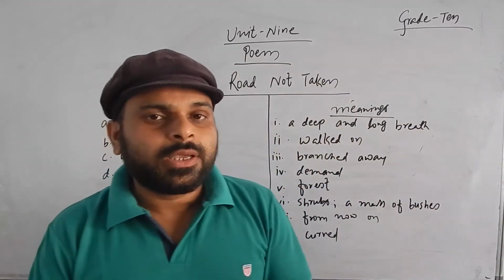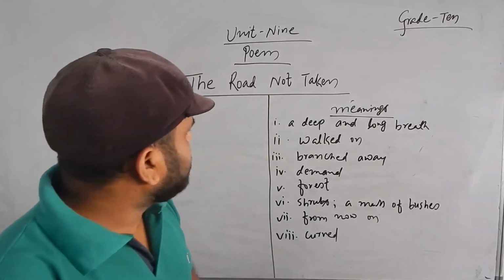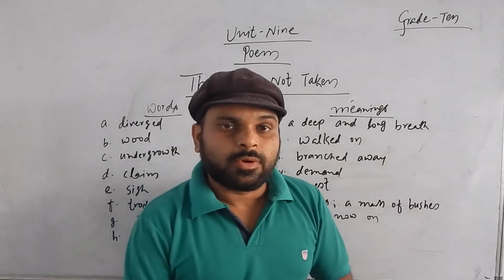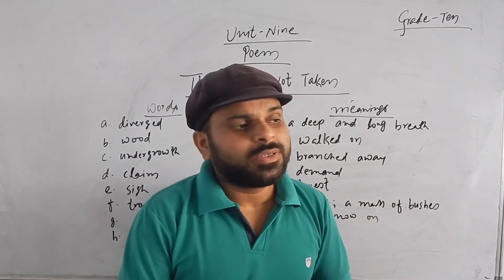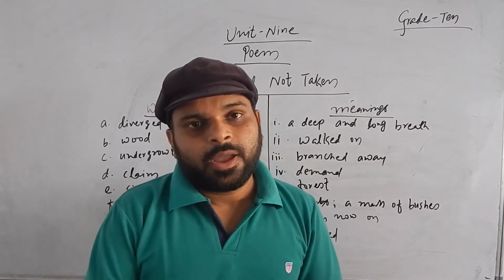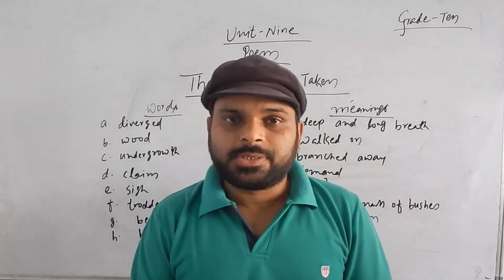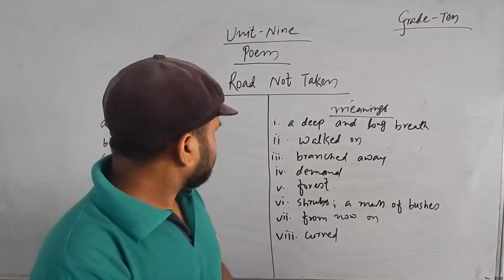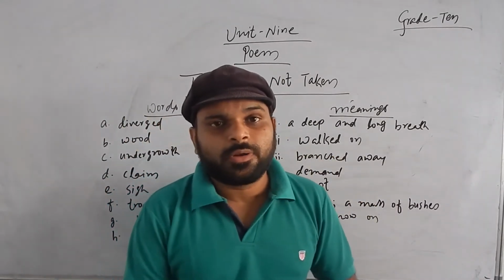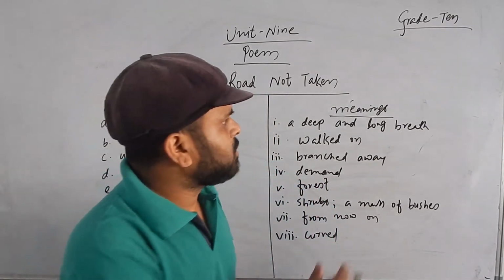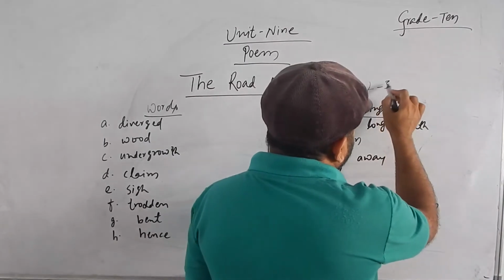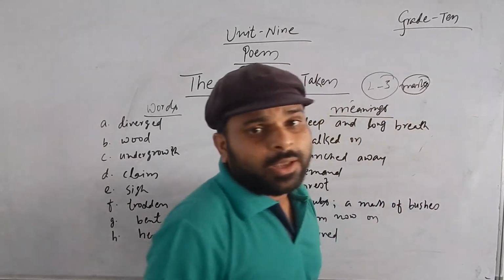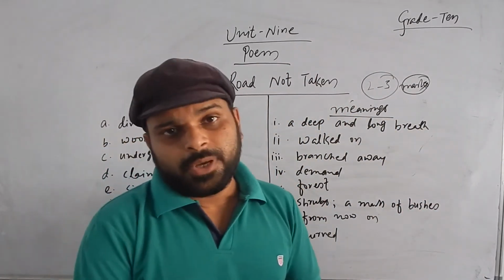In the examination, in seen or unseen text, like this poem we talked about, Robert Frost, The Road Not Taken, this is a seen passage for you, and in every passage, whether seen or unseen, it will not be given like the column here has been drawn in your book, because a maximum 2 to 3 marks question will be given to you regarding the meaning.